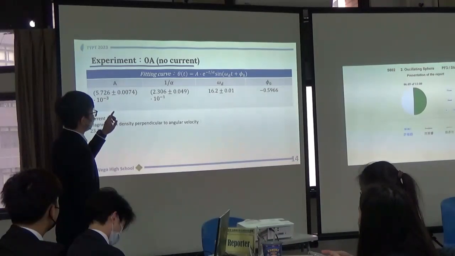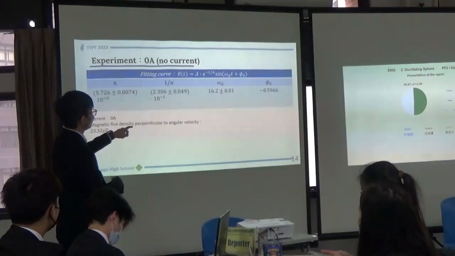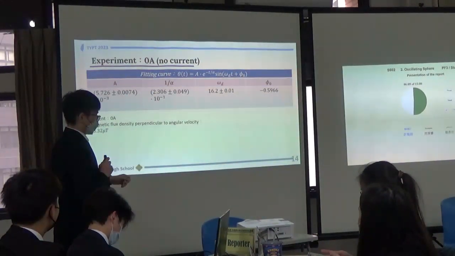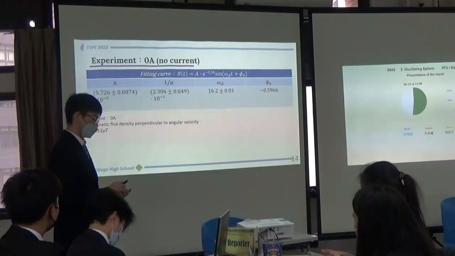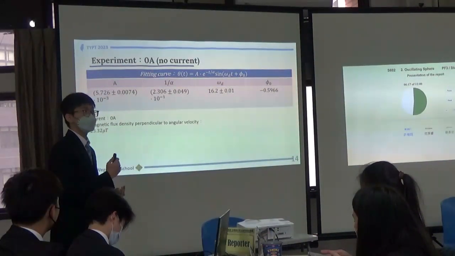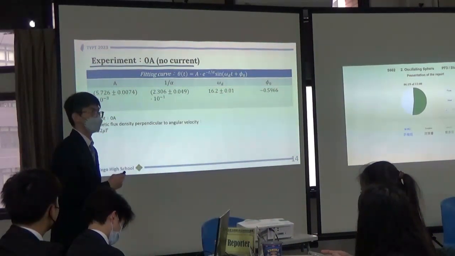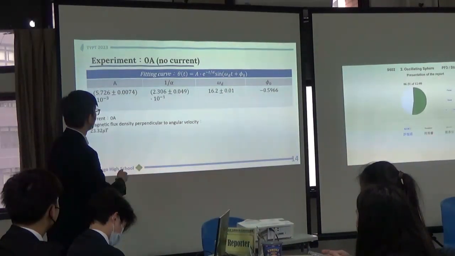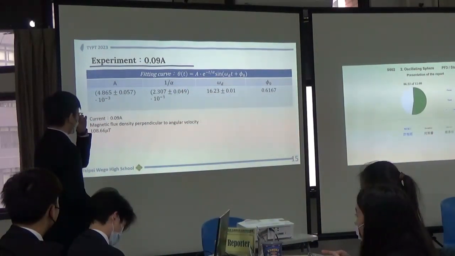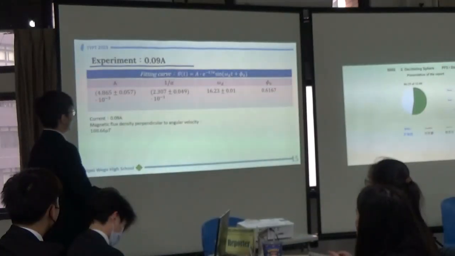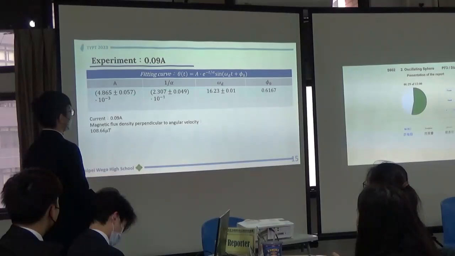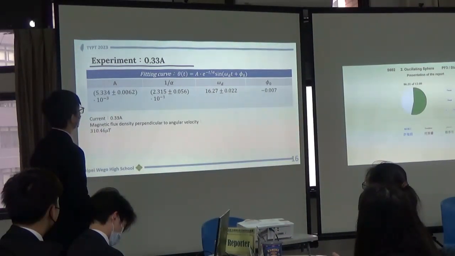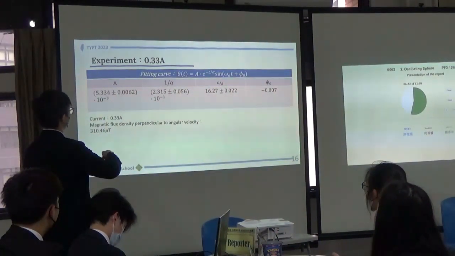So we define this alpha number without any current in the coil as the damping effect caused by the torsion and the air resistance. Next, we start from 0.9 A and get different values of alpha, the damping ratio.